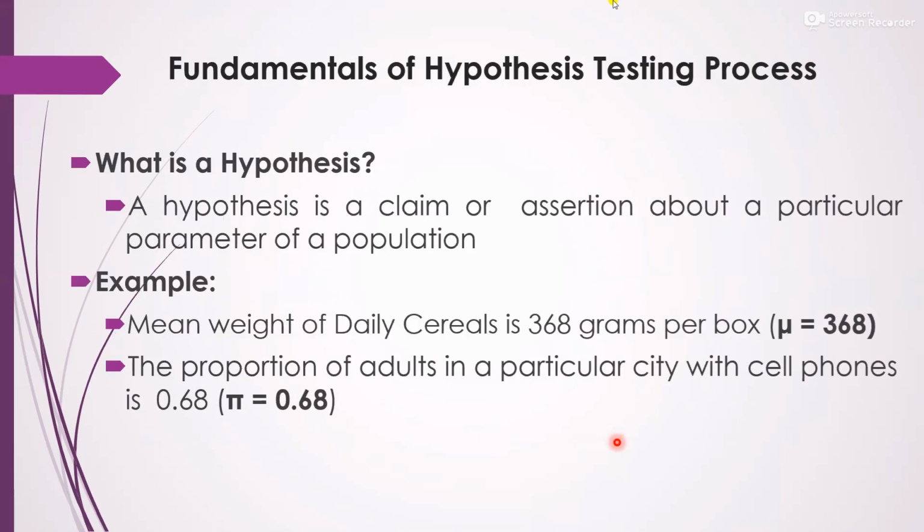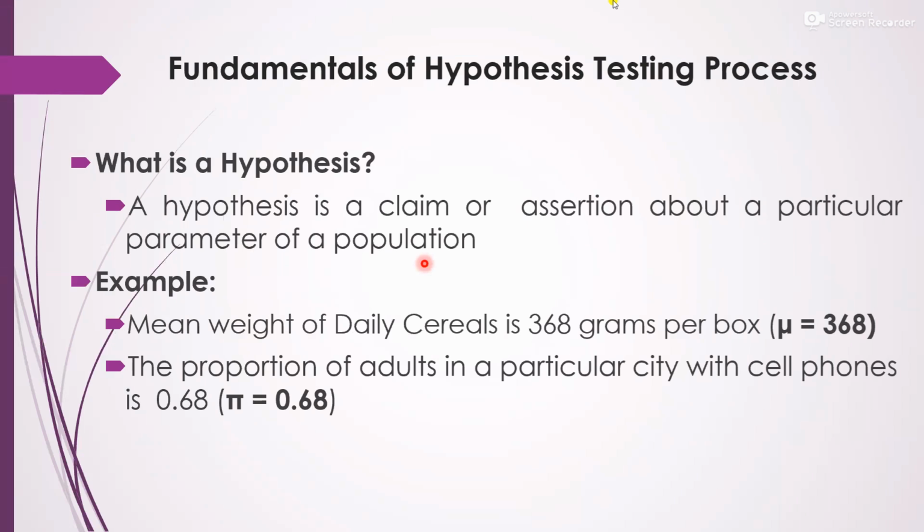Now, what is a hypothesis? A hypothesis is simply a claim or assertion or statement about a particular parameter of a population. Now, we are making a statement about a parameter of the population.